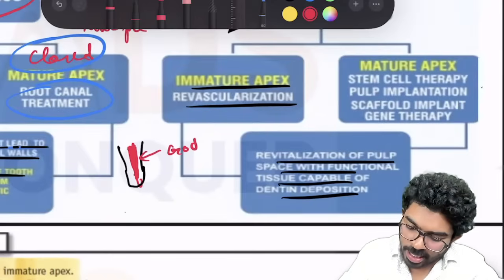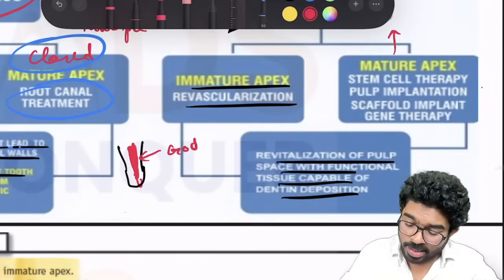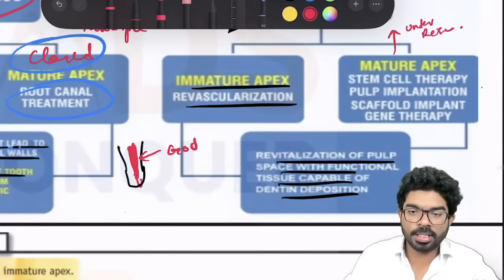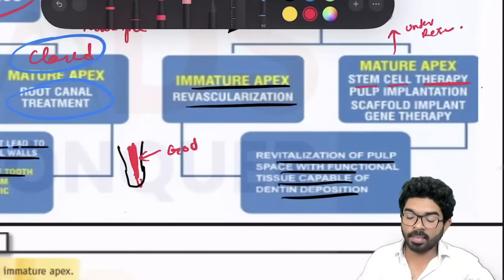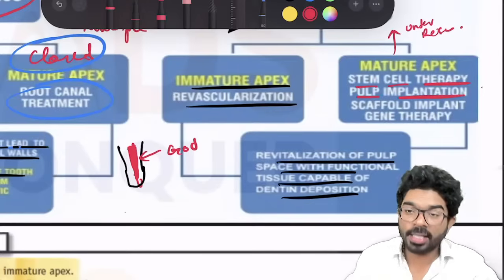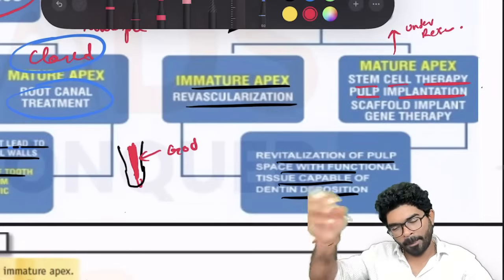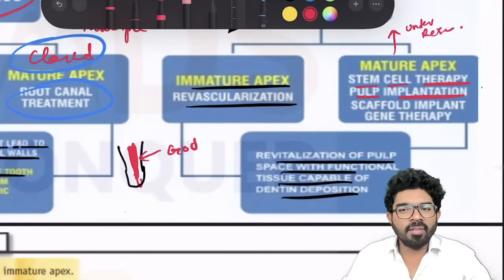So for mature apexes, modern endodontics is still under research. What are they? I can do stem cell therapy. I can do pulp implantation, meaning I can extract a rudimentary third molar, take that pulp and implant it, like heart transplantation or liver transplantation.